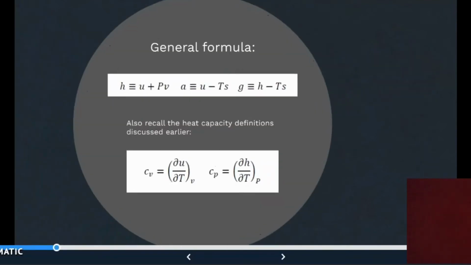These are the general formulas for enthalpy, Helmholtz free energy, and Gibbs free energy, where Cp and Cv represent the heat capacity at constant pressure and constant volume. From what we understand, we substitute all these initial formulas into the earlier general formula, and then use cyclic relations and Maxwell relations to come up with a thermodynamic formula.